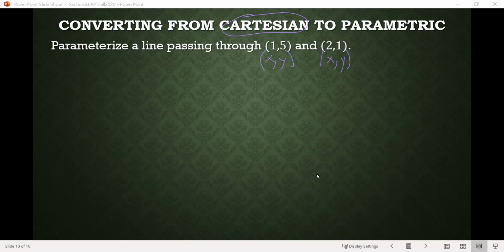So how are we going to do this? Well, I'm going to start by setting up a table. So my x's, my y's, and put in the corresponding values here. So we have one point that's 1, 5, another point that's 2, 1. And then we need to choose or figure out the t values that go along with these.